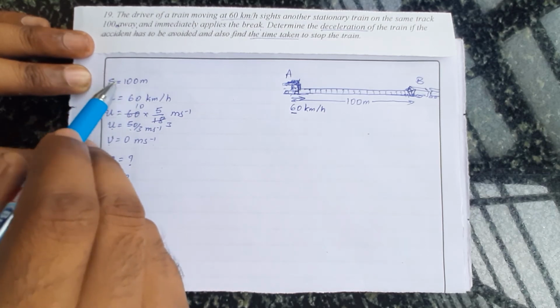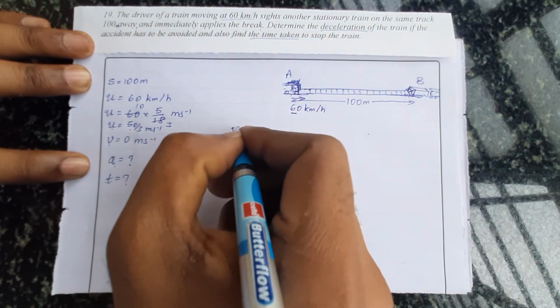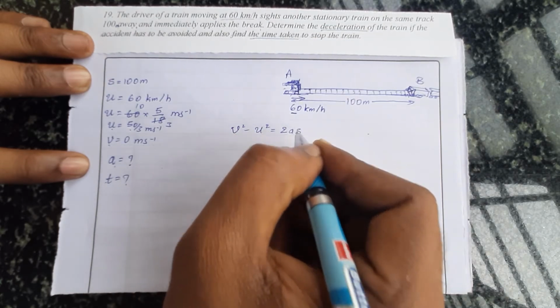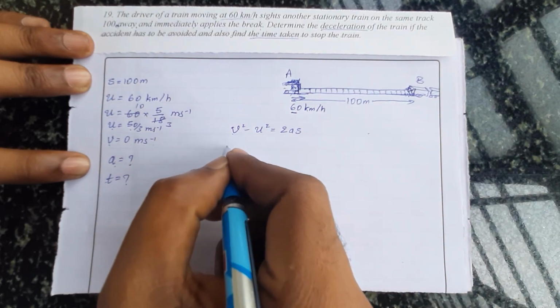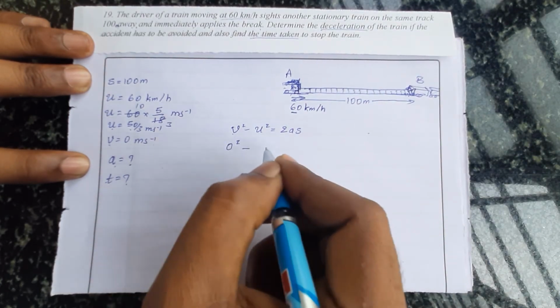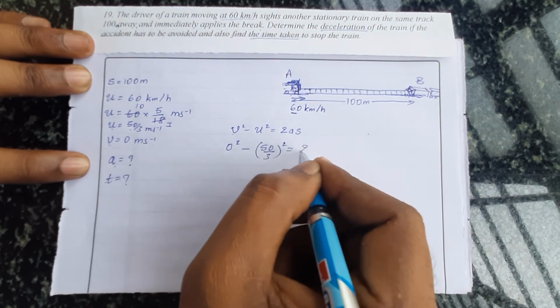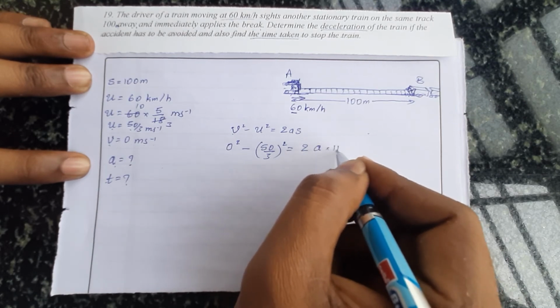What we have with us is S, U and V. The formula is V squared minus U squared is equal to 2AS, the third equation of motion. V is 0 squared minus U, which is 50 by 3 whole squared, is equal to 2 into A, where A has to be calculated. Displacement is 100 meter.